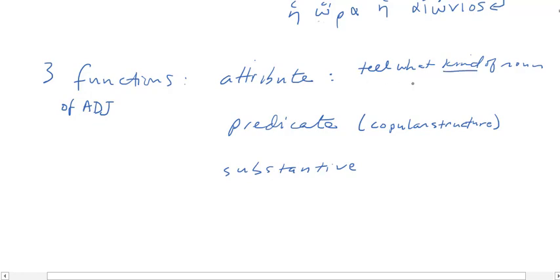Okay? Predicate adjectives tell you what the noun is. And when I say what the noun is, I'm saying that there is some kind of a copula, explicit or implied.